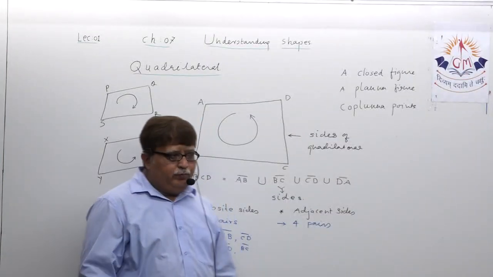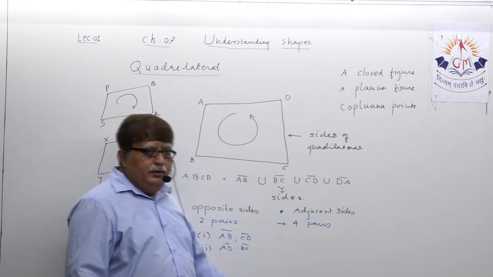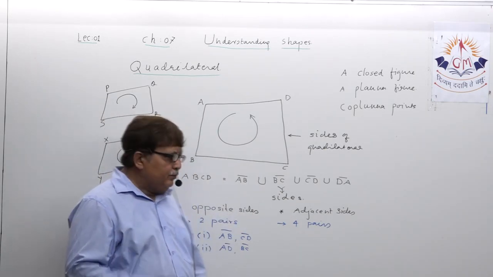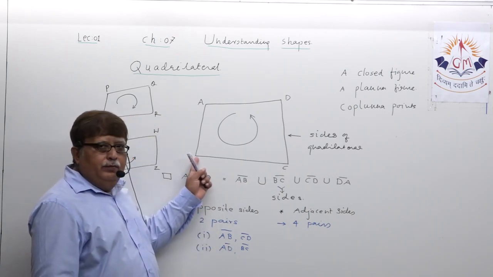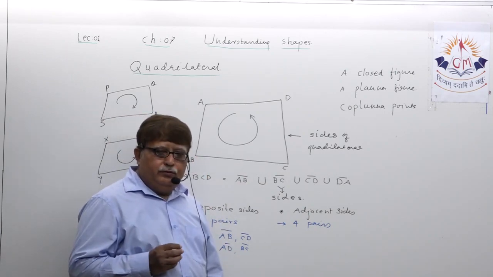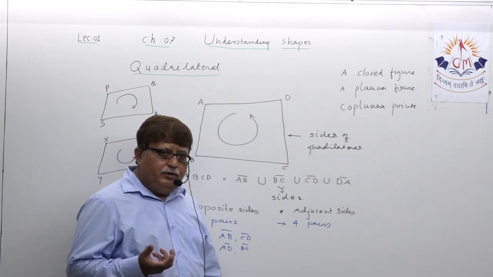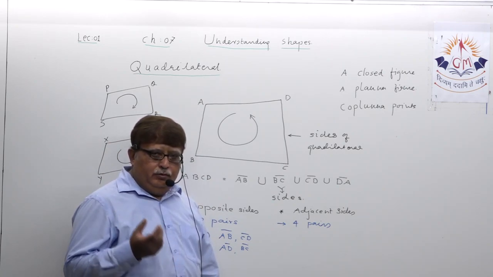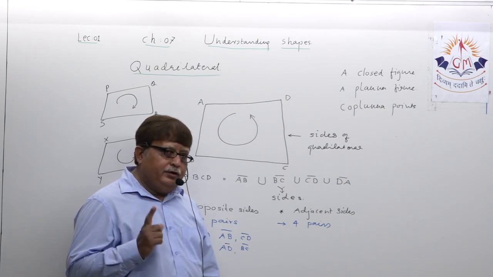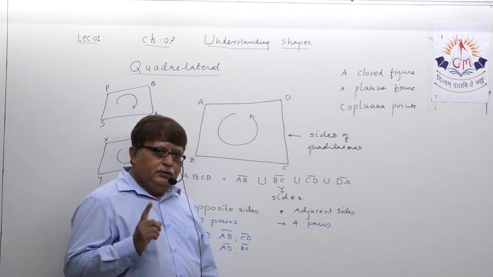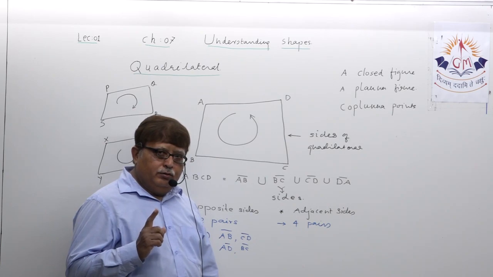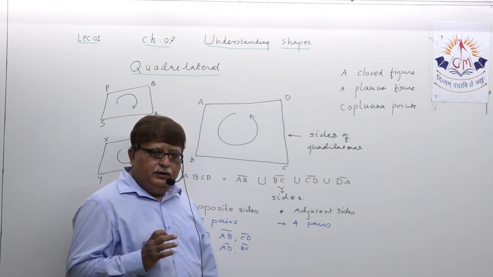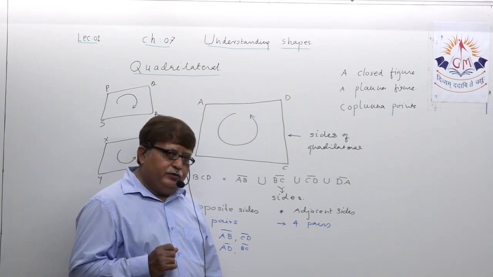Every time I spoke the pair, I reminded you that one point is always common. So how will you define adjacent sides? Two sides having one point common are known as adjacent sides.